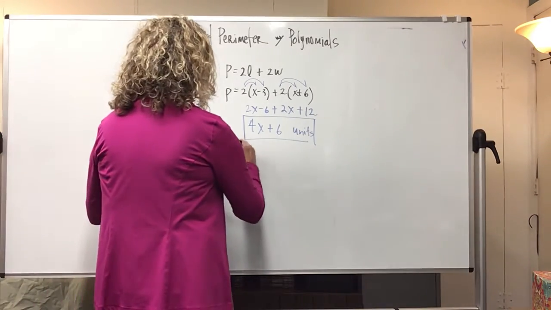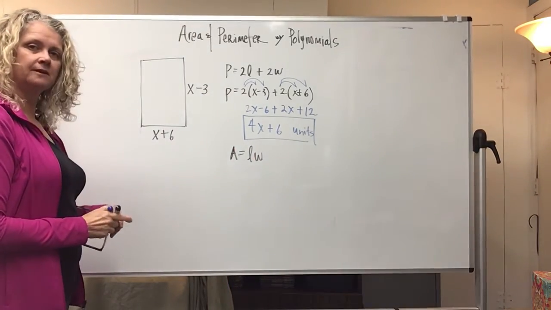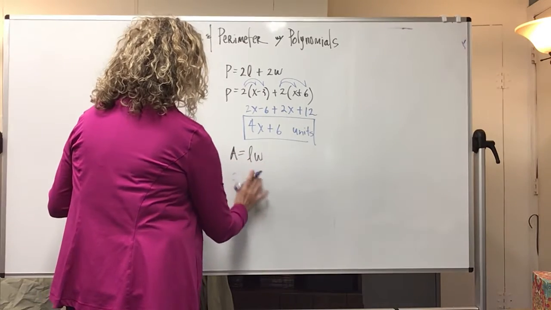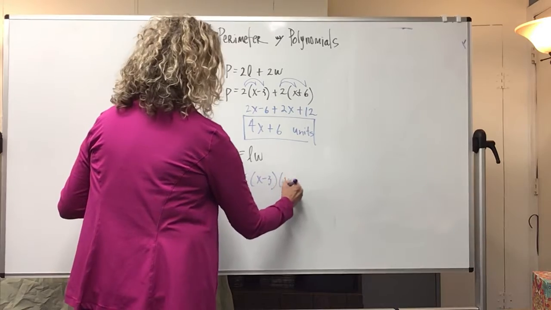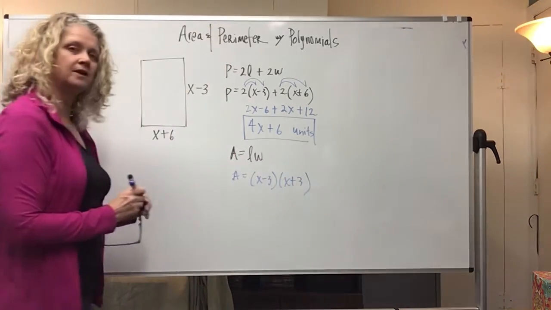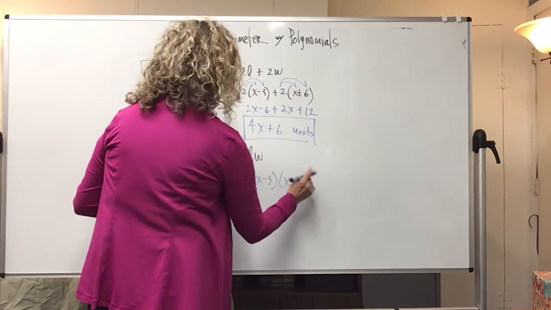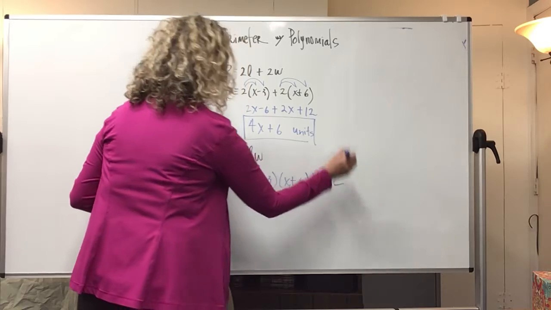Area for any rectangle is length times width. So you're going to multiply length times width, and hopefully looking at this you realize, oops, tiny error, you need to FOIL here.